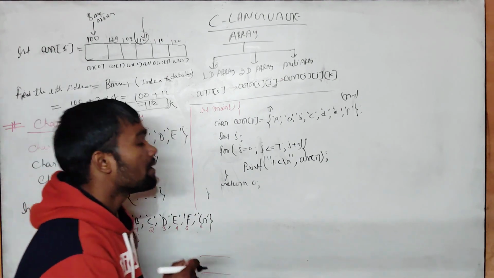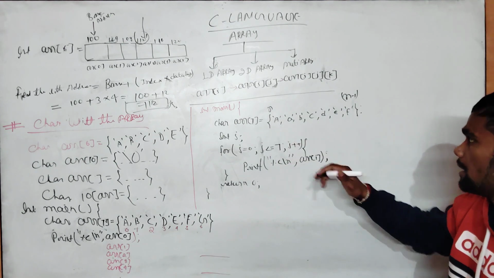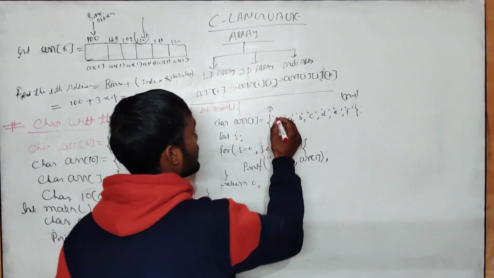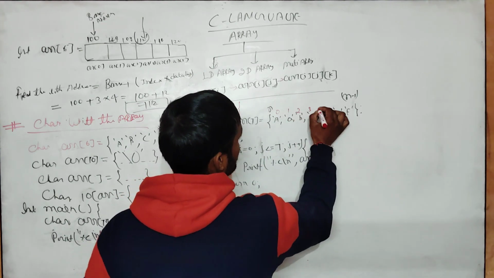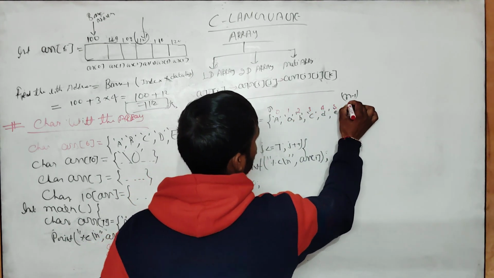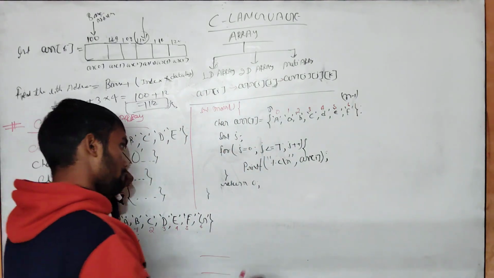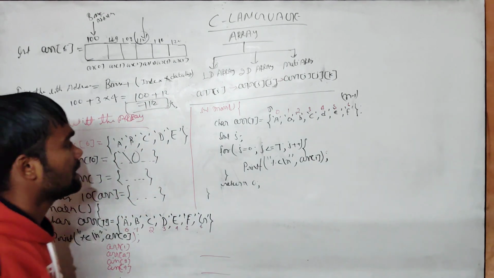And you want to ask, I want to change this value in the array. Here the index values in the array are 0, 1, 2, 3, 4, 5, 6. Fine, and I want to change this value. Which value? Index value 2. Then how can I change it?